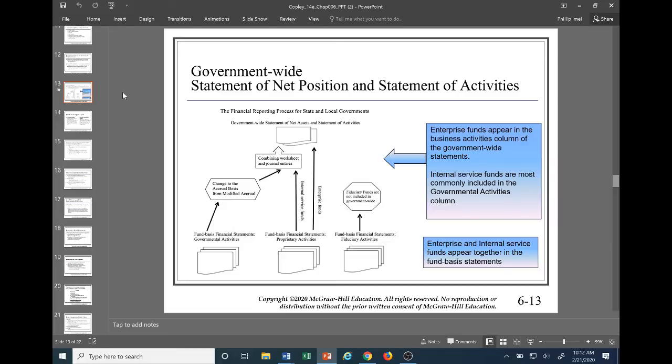So what we're hammering down here is that it's not that hard to get proprietary funds into government-wide. You literally just move your column onto the governmental columns, but you have to make that distinction. And obviously, for governmental, we have to make that adjustment and reconcile.